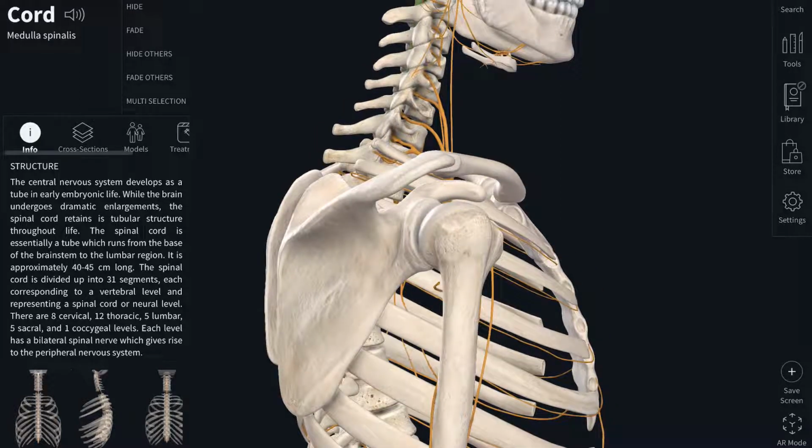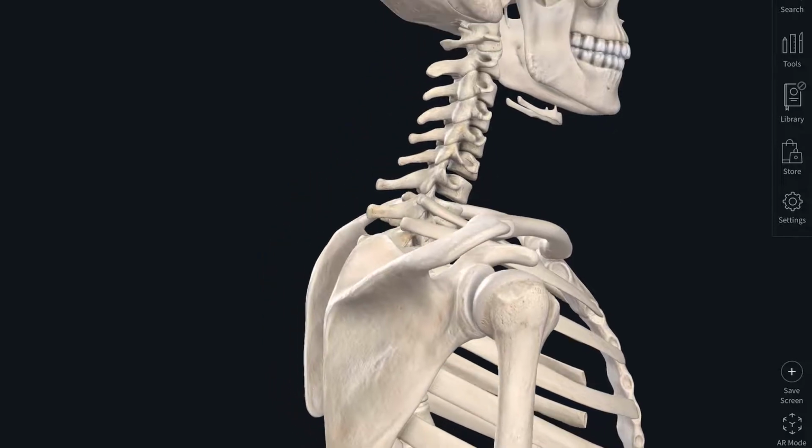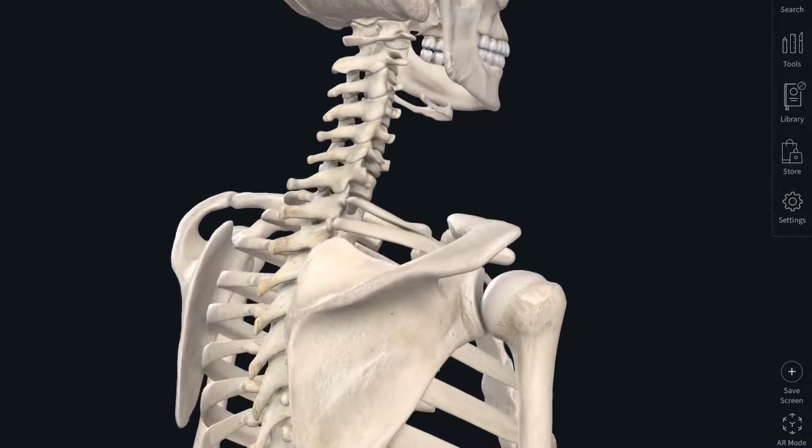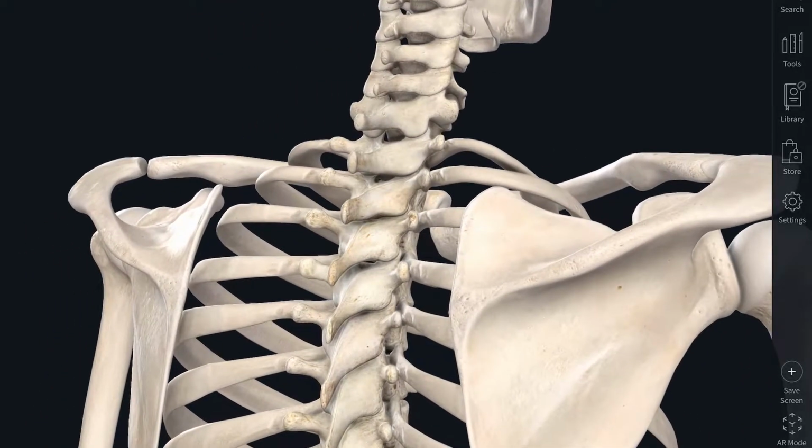All right, so going back into our spine, when the vertebral arch meets the body of the vertebrae, you have two small facets. And most vertebrae will articulate with their neighbors at three joints, the two facets and the vertebral bodies.